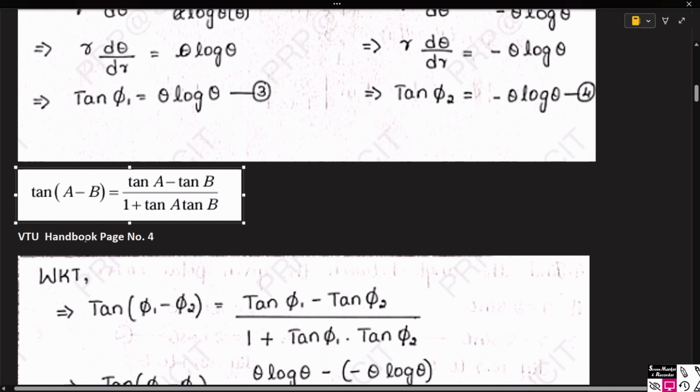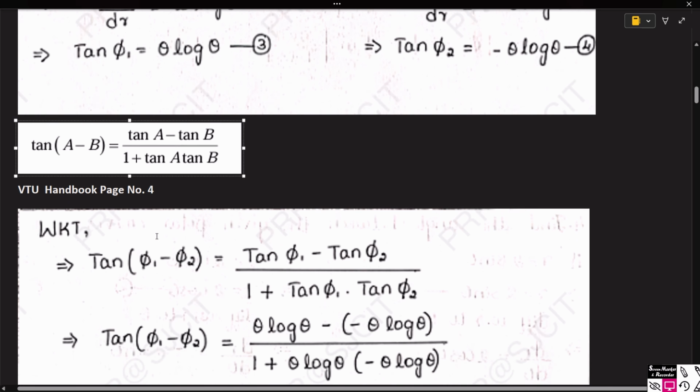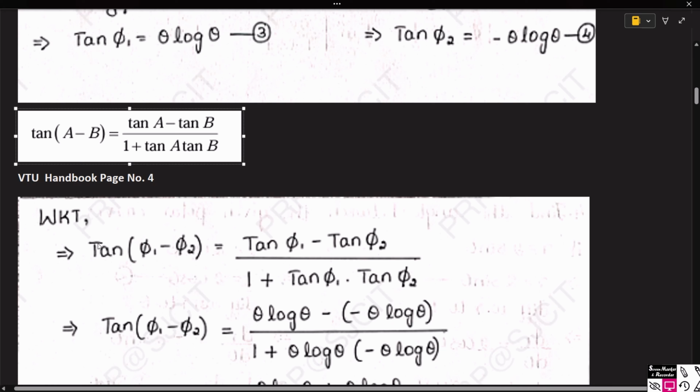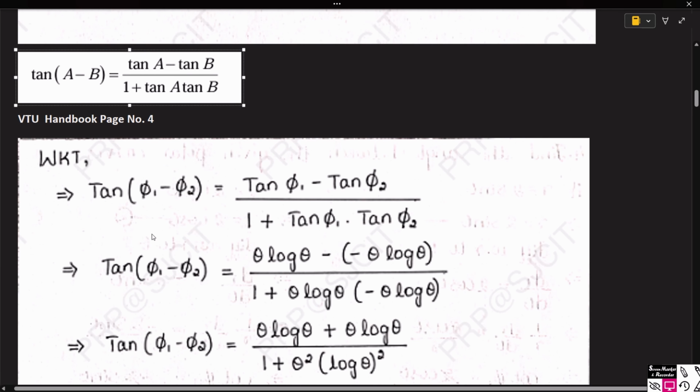This formula is provided on page number 4 of the VTU handbook, which will be provided to you during the examination. Just here there is a change. You need to take phi 1 minus phi 2, right? Just here a minus b is given. Wherever a is there, you replace it with phi 1, and wherever b is there, you replace it with phi 2. On replacing, we get this equation.